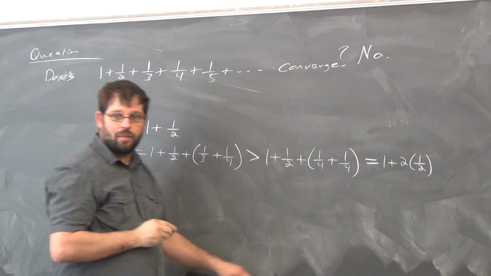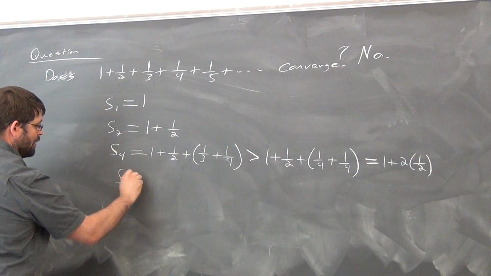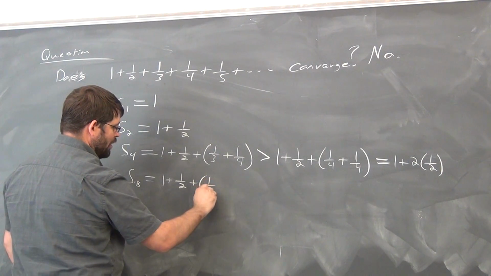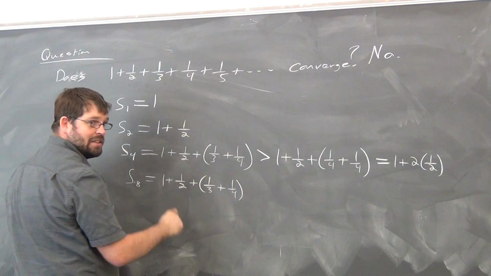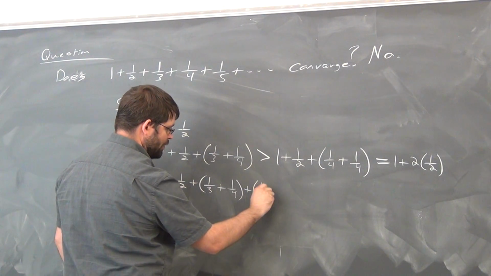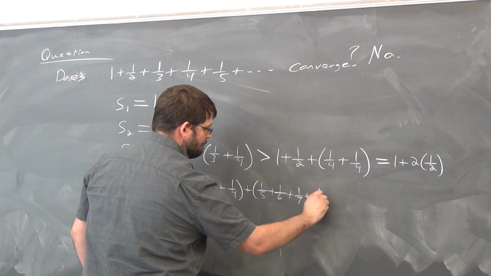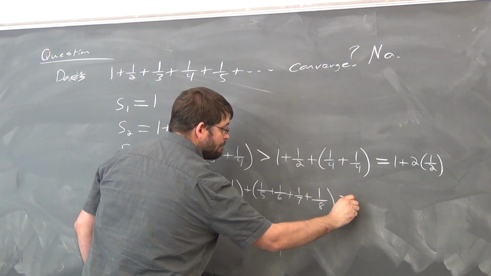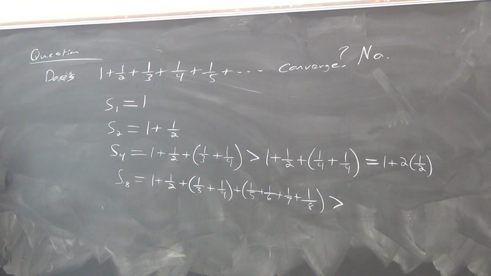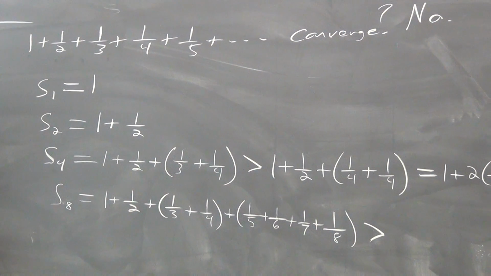Does that make sense? Try that same trick with S sub 8. Okay, so this will be the last one where I write every term out. I'm going to do the same grouping I just did on these guys, plus then I'll group all the new stuff. Okay? And so in both of those groupings, just pick the smallest term in that grouping and replace everything else with that smallest term and see what you end up with.